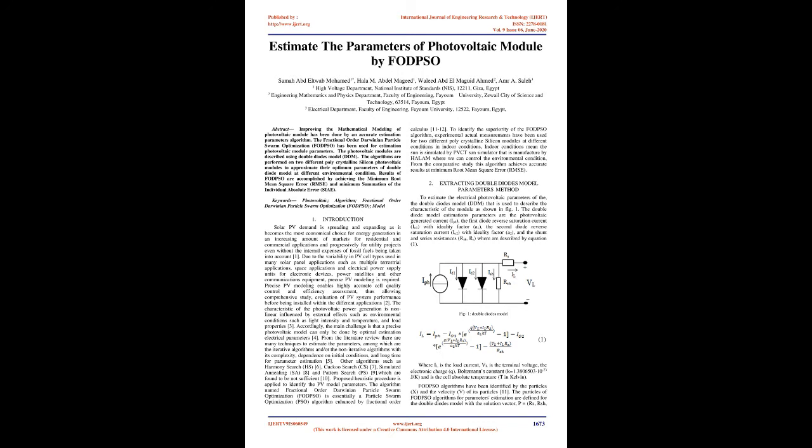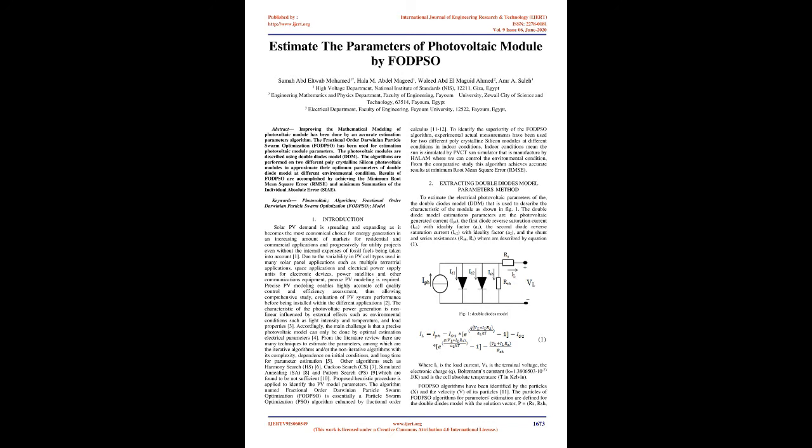Due to the variability in PV cell types used in many solar panel applications such as multiple terrestrial applications, space applications, and electrical power supply units for electronic devices, power satellites and other communications equipment, precise PV modeling is required. Precise PV modeling enables highly accurate cell quality control and efficiency assessment, thus allowing comprehensive study and evaluation of PV system performance before being installed within the different applications.